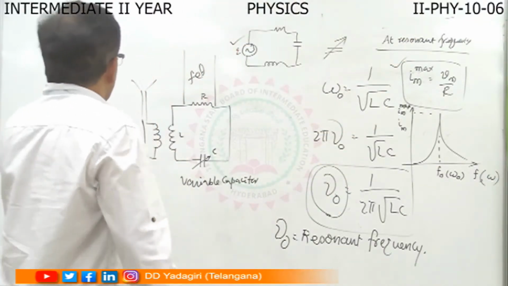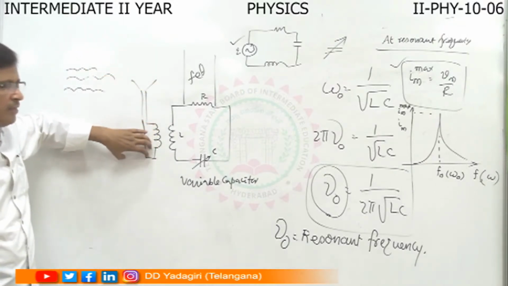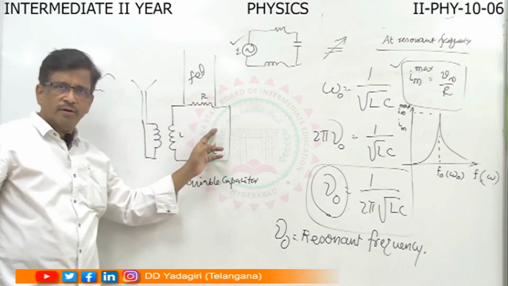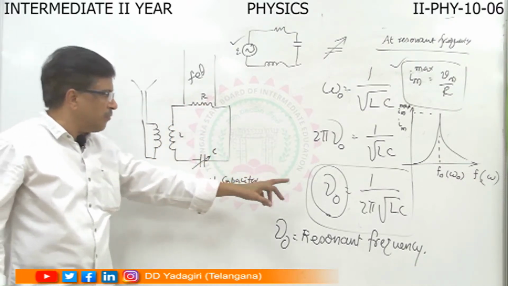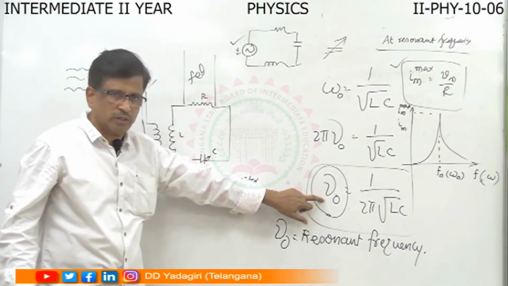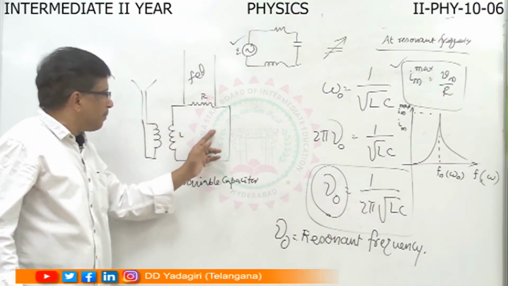So all the waves passing through the antenna induce currents in this LCR circuit, but the one wave matching this frequency, 1 by 2 pi root LC, will create maximum current in this.